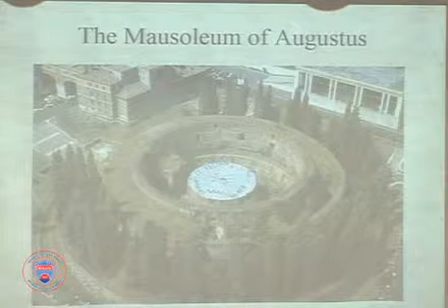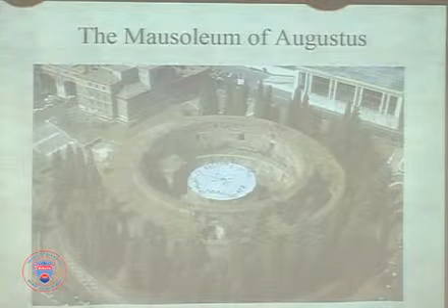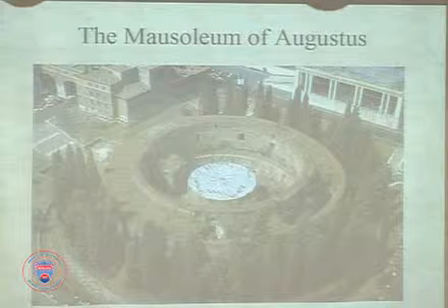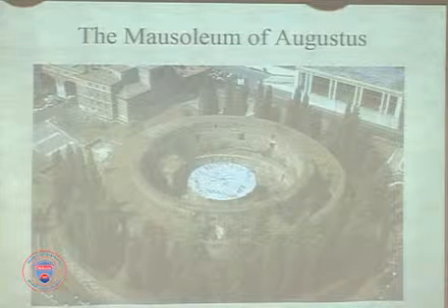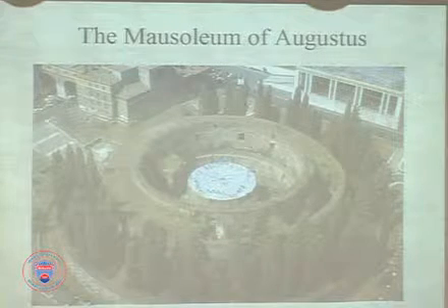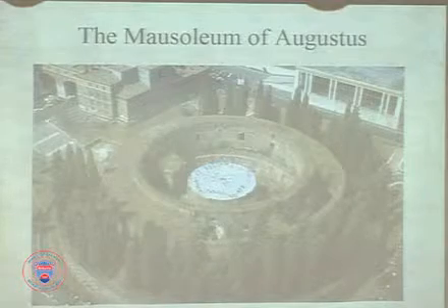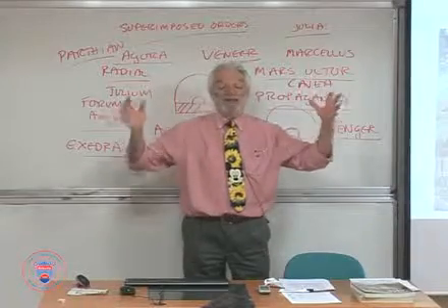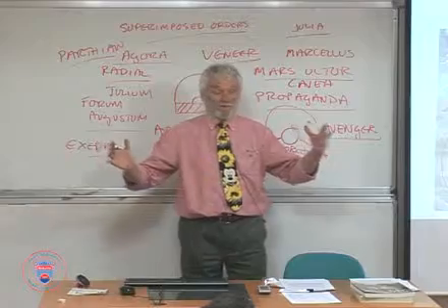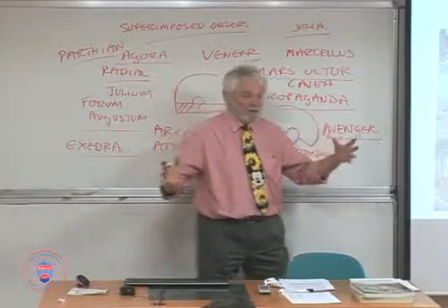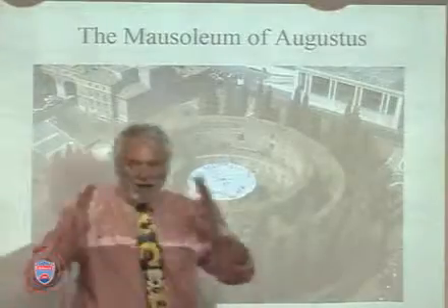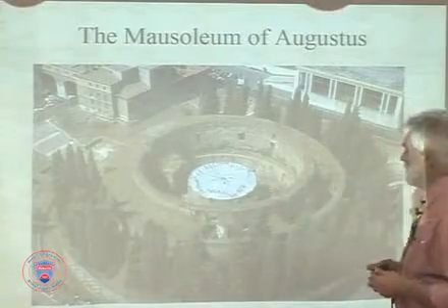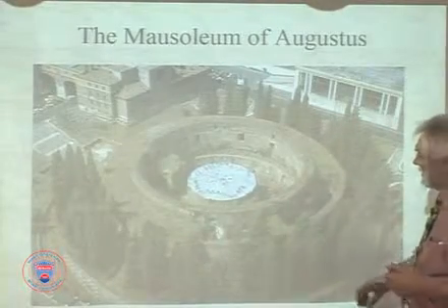The idea of building this, which is 87 meters in diameter, is partly to improve the park area, but basically to build something that dominates the main public space in Rome, the Campus Martius. You cannot get away from seeing the mausoleum of Augustus wherever you are.